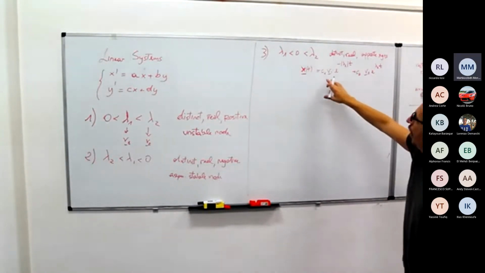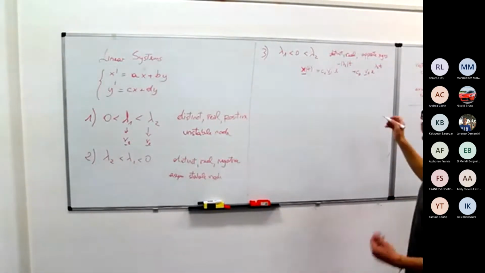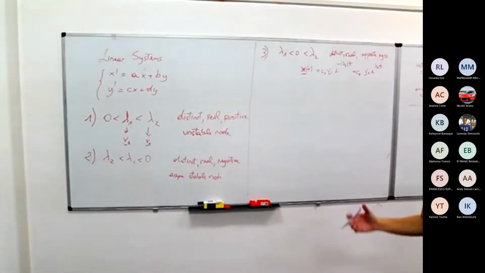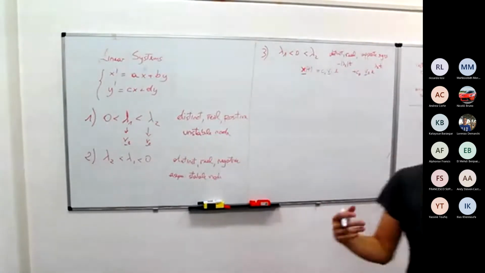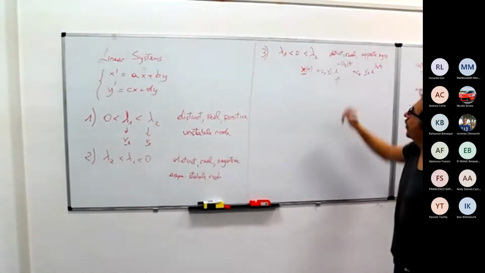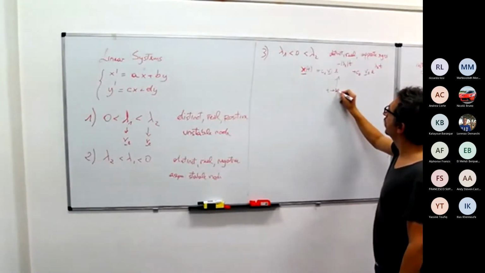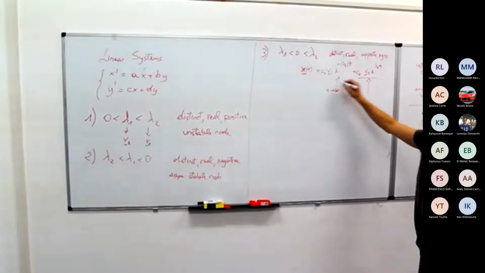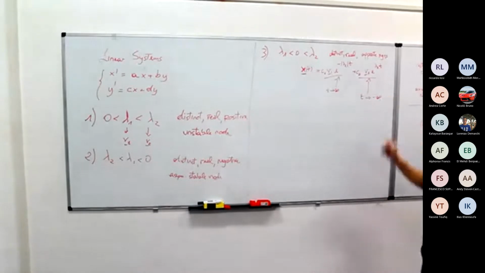Okay, so yeah, but the idea is that again, what you can do is to study the behavior to try to understand these two parts when they are approaching the critical point. So when they are approaching 0, 0. This part is approaching 0, 0 when t goes to infinity. This part is approaching 0, 0 when t goes to minus infinity.